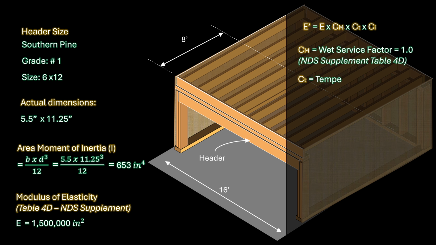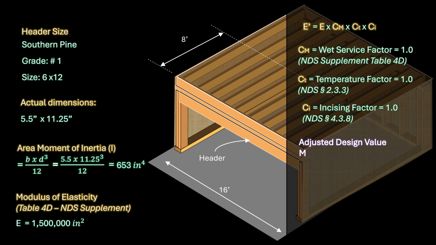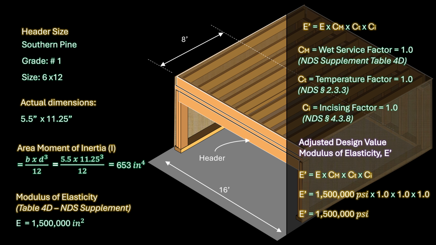The temperature factor is provided in Section 2.3.3 of the NDS, and it is 1.0 in this case since we are assuming that we will not have extreme temperatures for extended periods. The incising factor is provided in Table 4.3.8 of the NDS, and it is also 1.0 in this case since the header is not incised. Therefore, the adjusted design value for the modulus of elasticity is 1,500,000 pounds per square inch. This is the value that we will use in our deflection calculations.